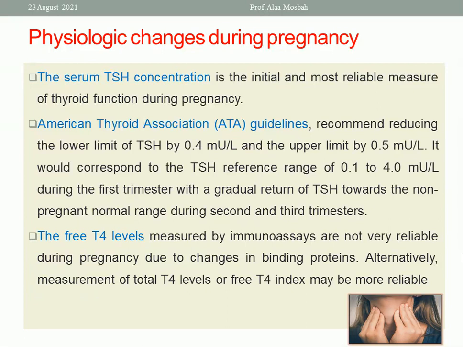So the free T4 levels measured by immunoassays are not very reliable during pregnancy due to changes in the binding protein. Alternatively, measurement of total T4 levels or free T4 index may be more reliable. So if you ask for investigation for the patient, ask for total T4 and free T4 index, of course, plus serum TSH.